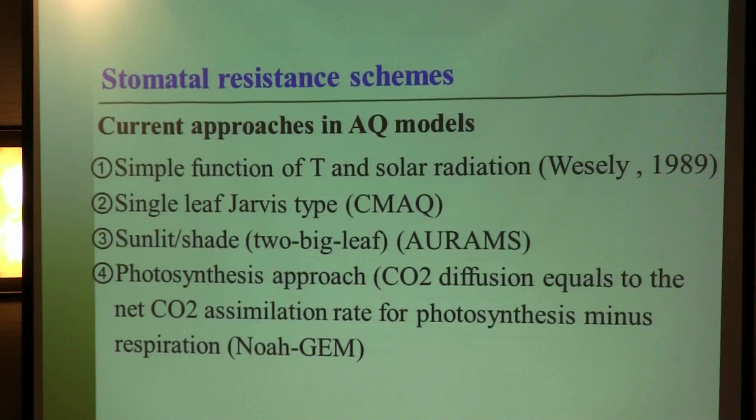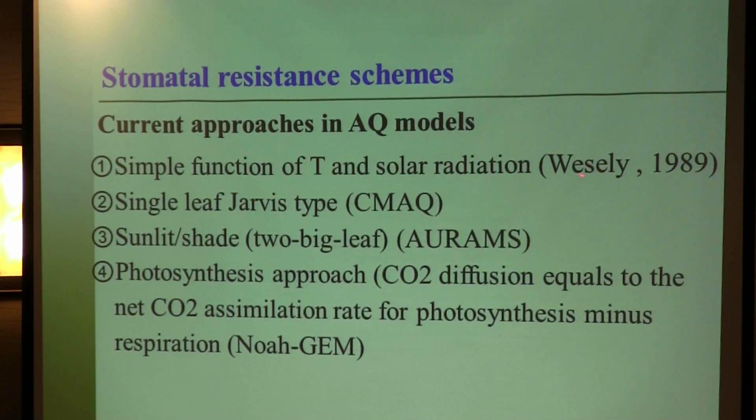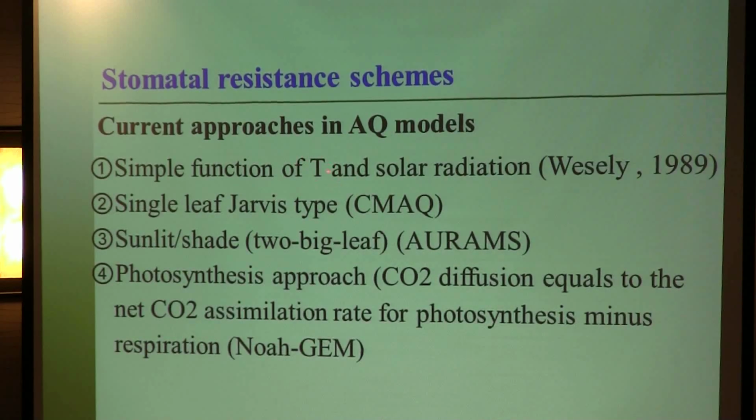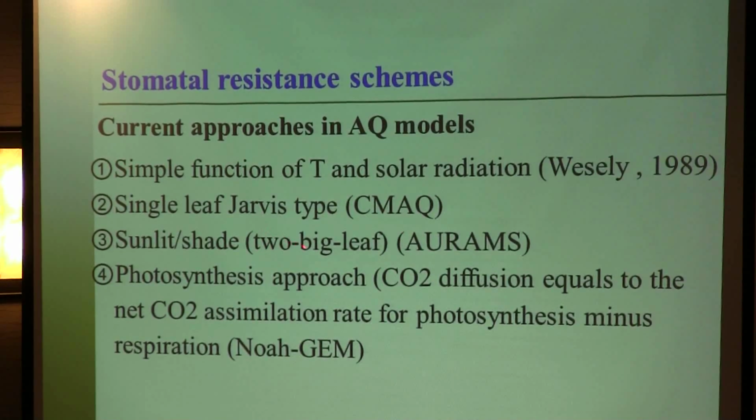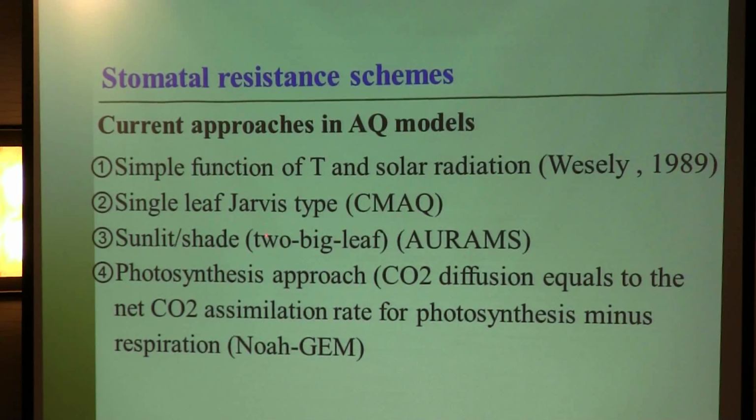For stomatal uptake, again, the earlier model, one of the most widely used, by Wesely, considered stomatal uptake only as a function of temperature and solar radiation. But there are other approaches in different chemical transport models. Some models, like the US EPA chemical transport model CMAQ, use the Jarvis type model.